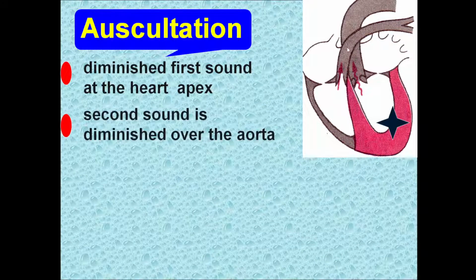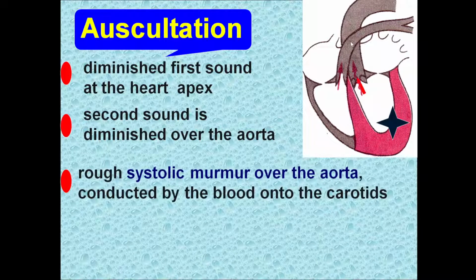The second sound over the aorta is also diminished because of decreased heart stroke and systolic blood pressure. And we hear turbulent movements of the blood which go through the narrowed aortic orifice. Rough, loud systolic murmur over the aorta is conducted onto the carotid artery, and first of all the right carotid artery.